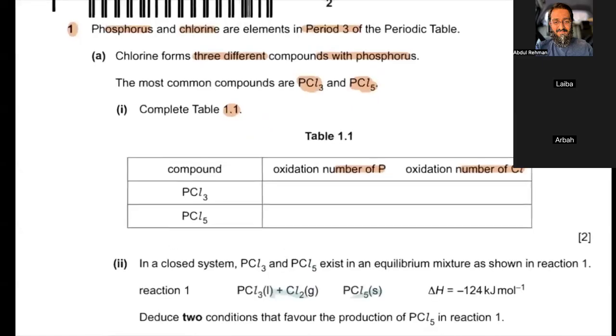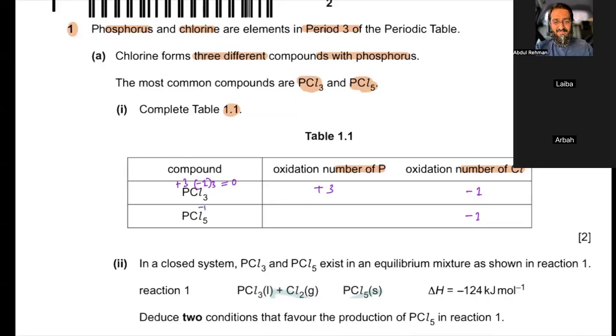So if you see, chlorine is in group 7, so it usually has an oxidation number of -1. So this chlorine has an oxidation number of -1, and this chlorine also has an oxidation number of -1, right? And as there are 3 chlorines over here, so -1 times 3, and the net charge is 0, so this one goes +3.